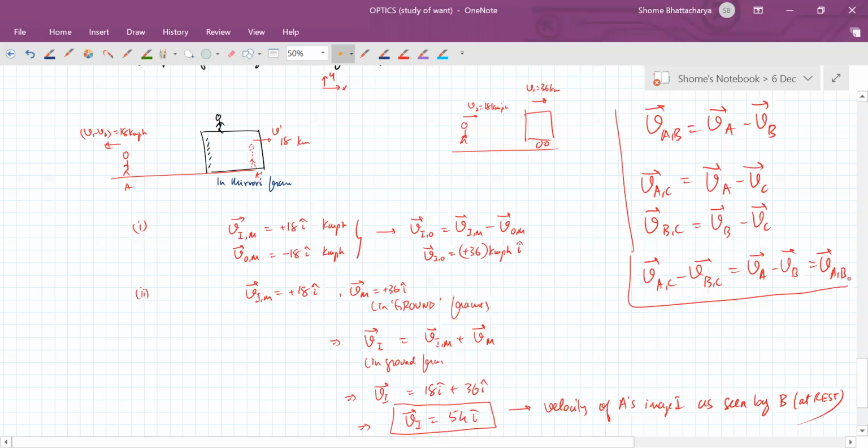which is the same thing as velocity of A with respect to B. Which means that just like we write this, we can also write this. This is a property of relative motion.